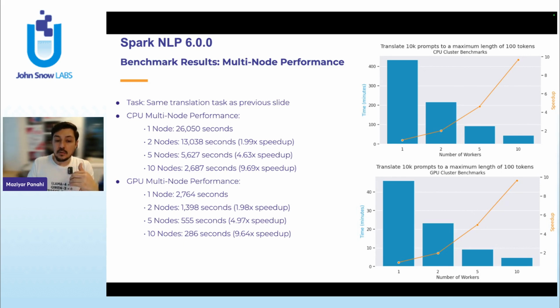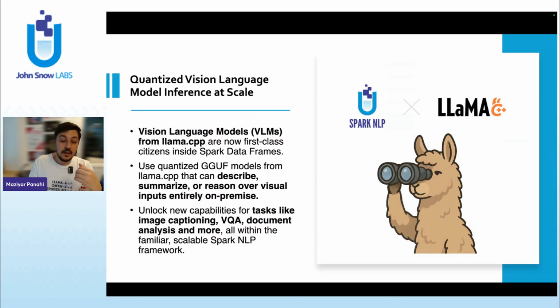Now, that was generative text or decoder-only models. In Spark NLP 6, we have added support for quantized vision language models at scale, meaning that vision language models today from Llama CPP are now first-class citizens inside a Spark data frame.